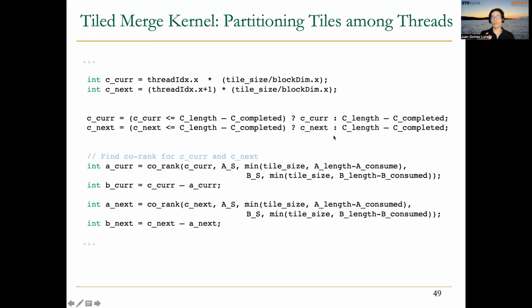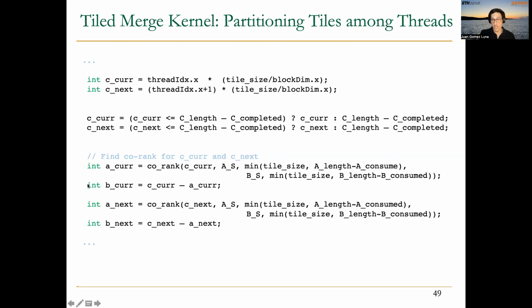In order to generate the output tile, we're going to have all threads working together. The chunk of the output C that was assigned to thread block 1 is now going to be equally partitioned across the threads in the same thread block. That's why each thread is going to have its own C cur and C next.